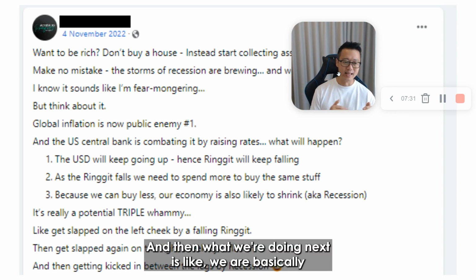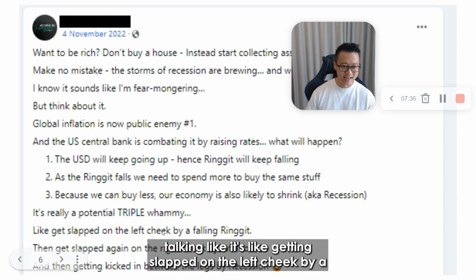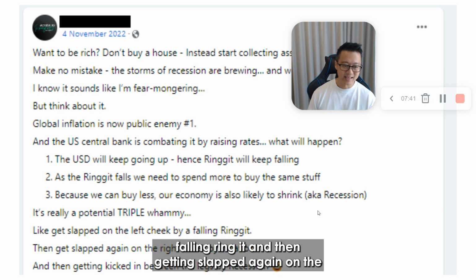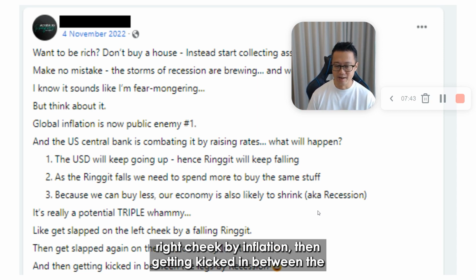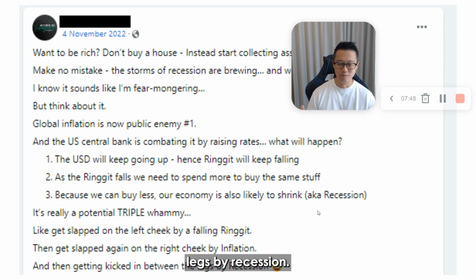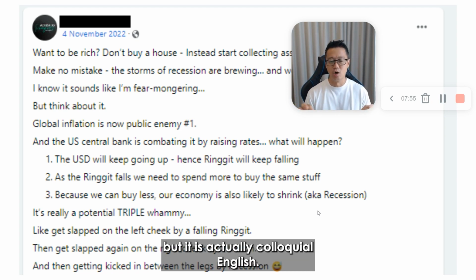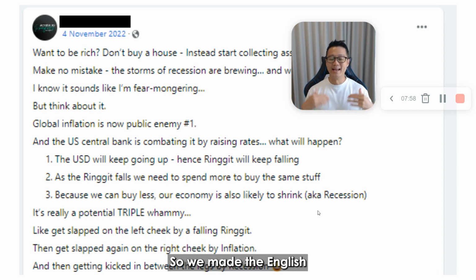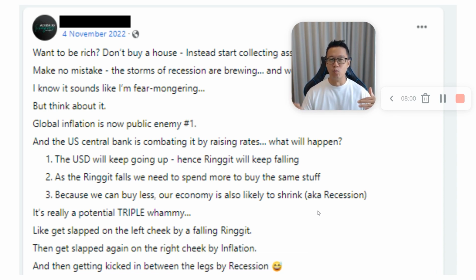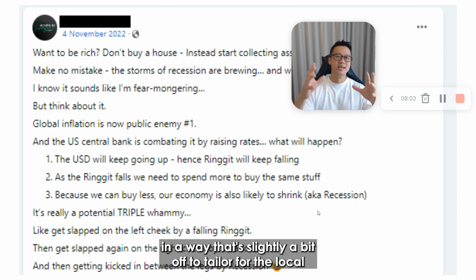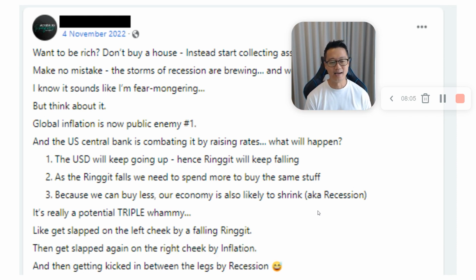And then what we're doing next is, it's like getting slapped on the left cheek by a falling ringgit, and then getting slapped again on the right cheek by inflation, then getting kicked in between the legs by recession. Okay, so I know that's a bit grammatically incorrect, but it is actually colloquial English. So we made the English slightly a bit off to tailor for the local market, right?